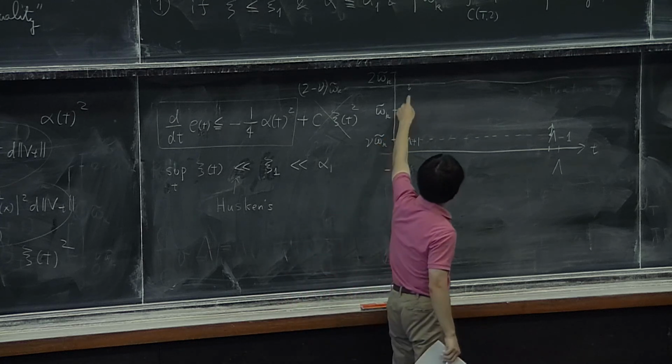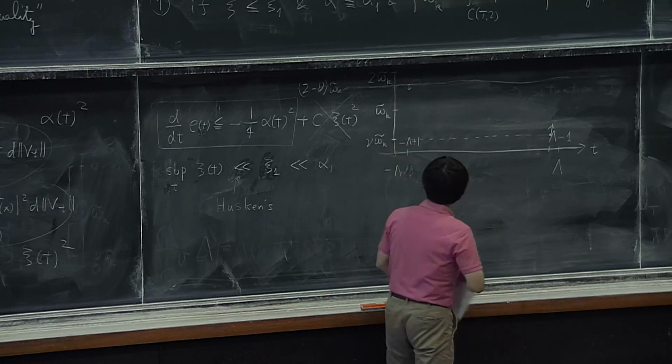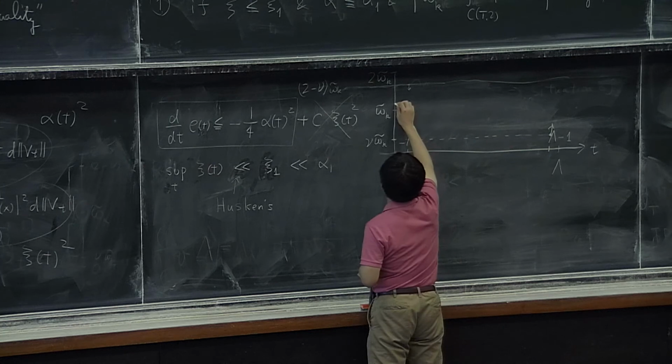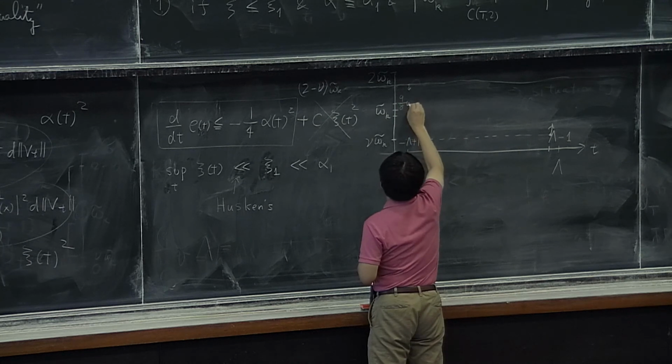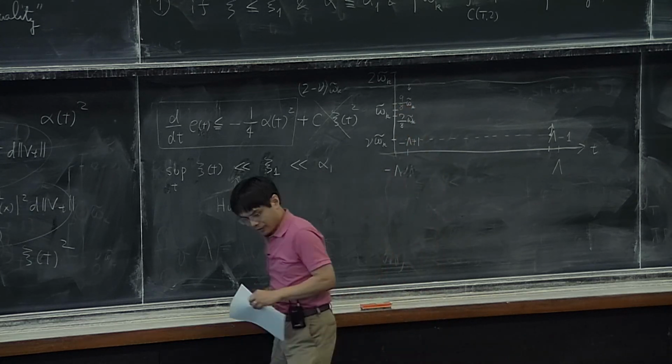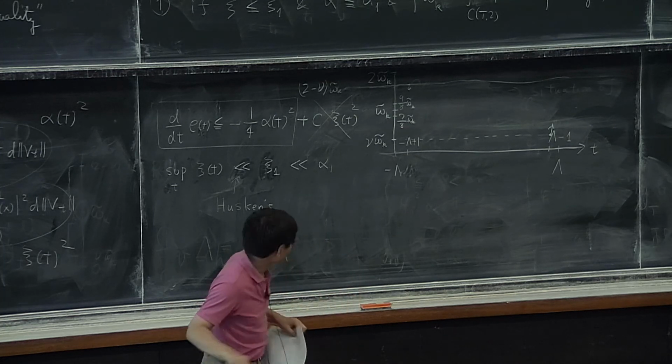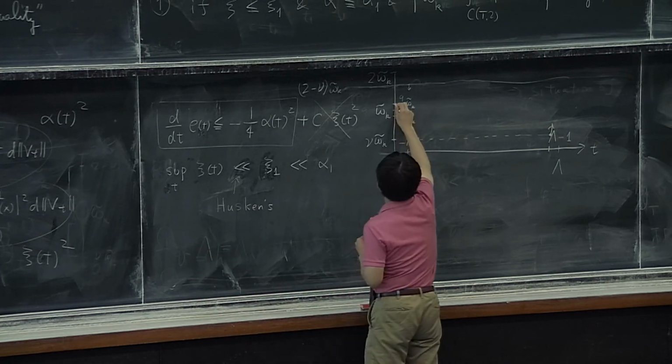Now suppose the area is somewhere here. Maybe I should also write this: this is, I think, 8/9 omega k tilde, and this is 8/7 omega k tilde. That's a sort of important range.